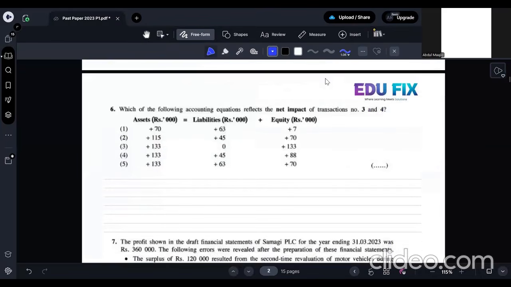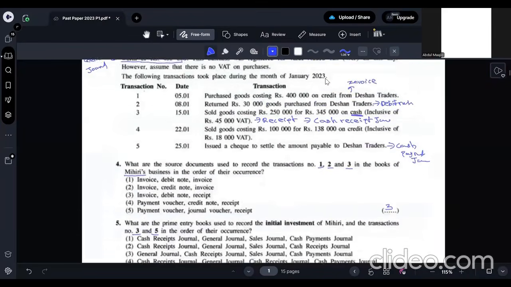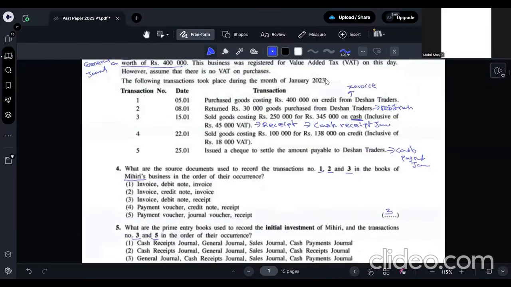Sixth one: which of the following accounting equations reflects the net impact of transactions 3 and 4 in the asset? In the equation asset equals liability plus equity, 3 and 4. Third one, sold goods costing 250 for 345.